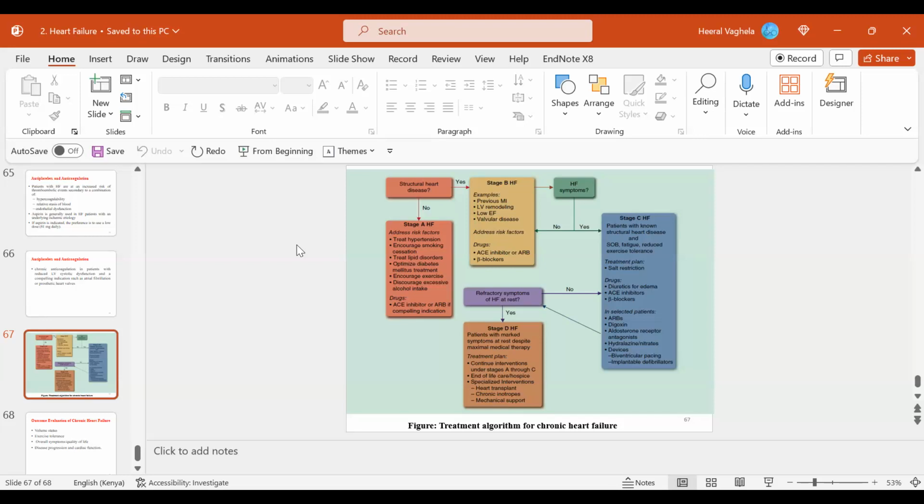When blood is not flowing, it causes clots. So that is one of the complications of heart failure. To avoid these clots, or even if the patient already has clots, you give anticoagulants and antiplatelets like aspirin, mostly low dose aspirin.